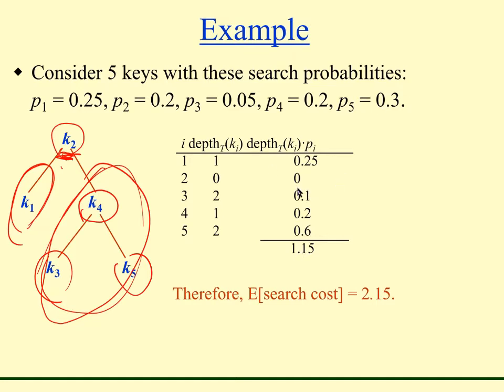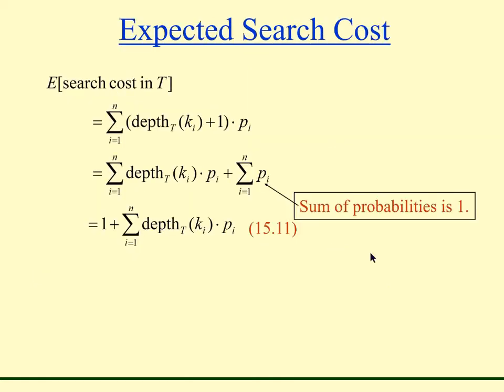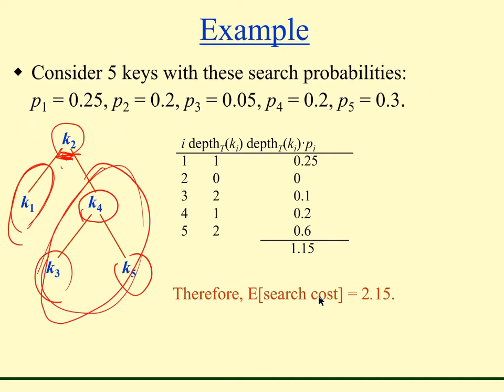So add up, you get 1.15. And then do not forget you have 1 plus this one. So the average cost will be 2.15. Okay, this is the first arrangement for this number of keys.